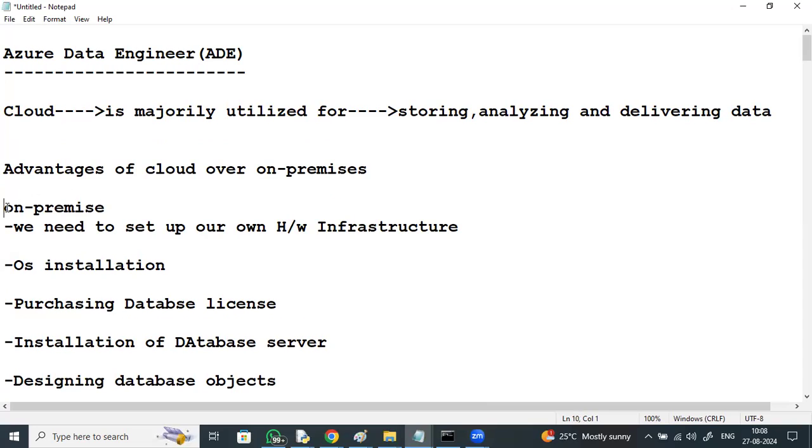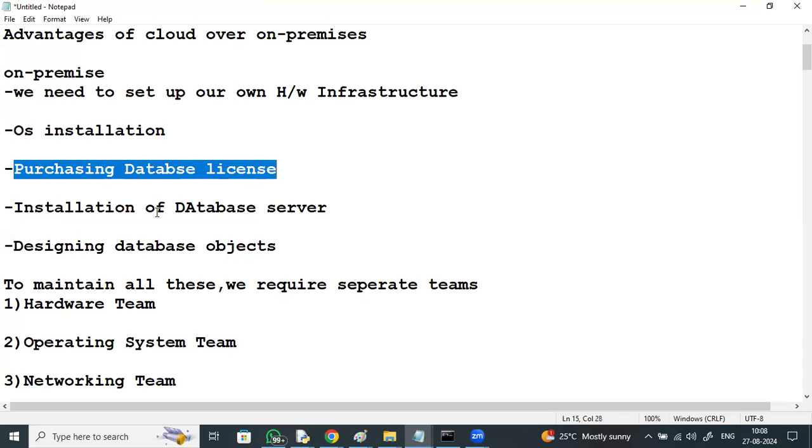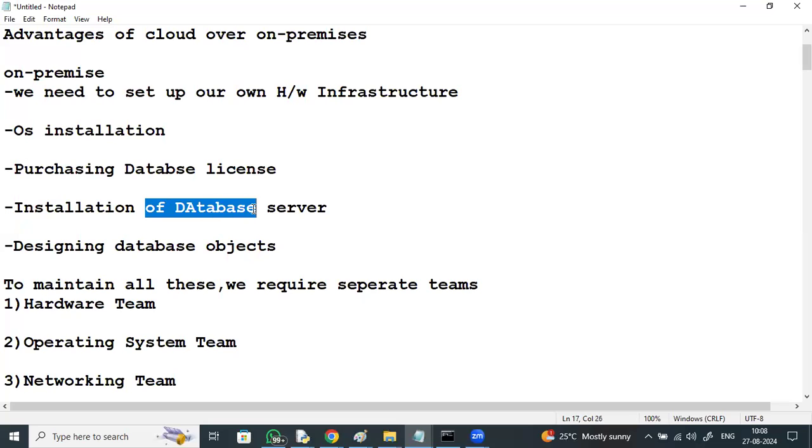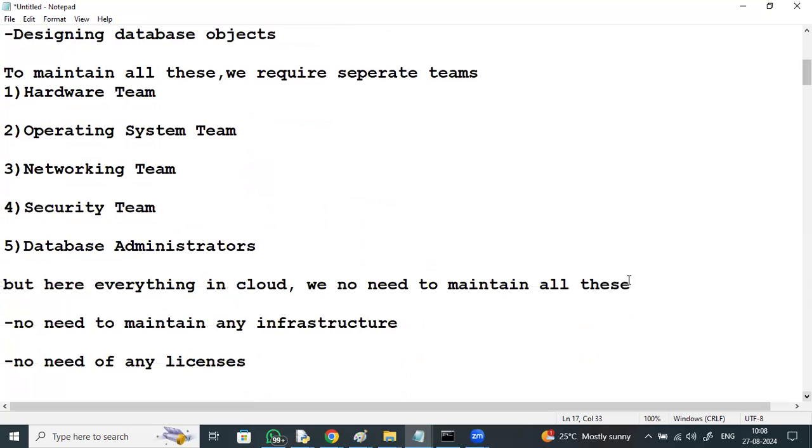Talking about on-premises databases, we need to set up our own hardware infrastructure, OS installation, purchase of database licenses, installation of the database server, and designing the database objects. To maintain all this, we require separate teams: hardware, operating system, networking, security, and database administrators.